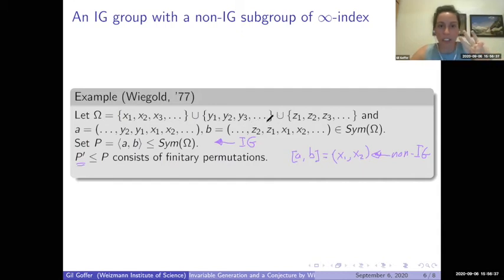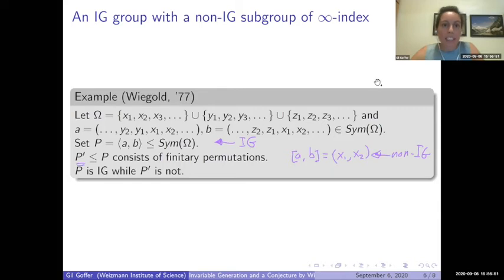Using the third definition, this is a non-IG group. So that's Wiggold's construction showing that the property does not pass to subgroups. But the question still remained open for finite index subgroups.